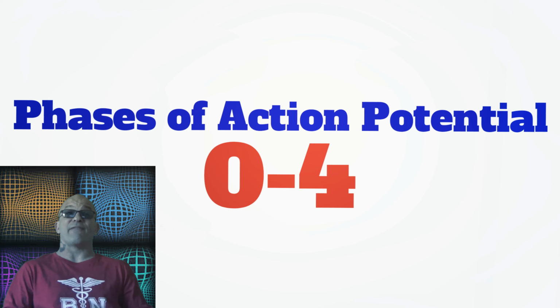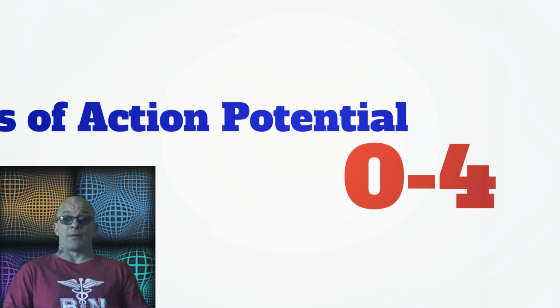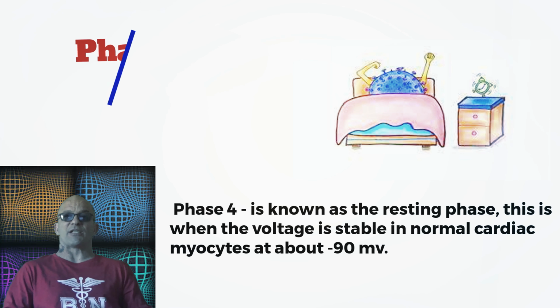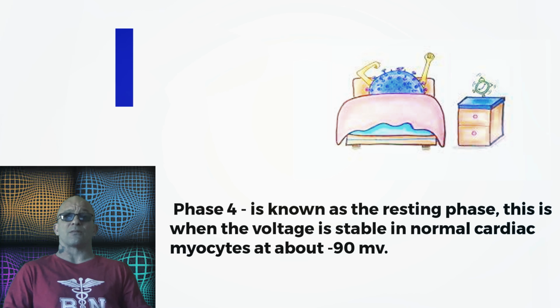There are 5 phases of action potential in cardiac myocytes, phases 0 through 4. We begin with phase 4, which is known as the resting phase. This is when the voltage is stable in normal cardiac myocytes at about -90 millivolts.